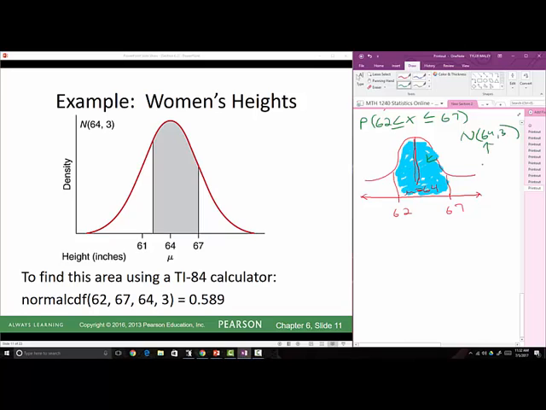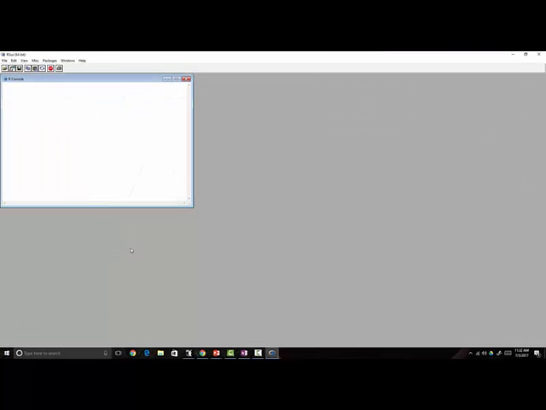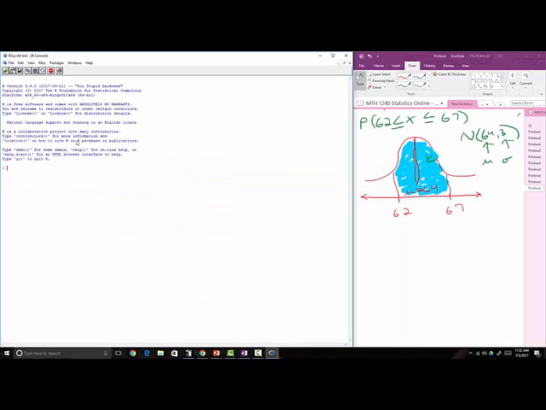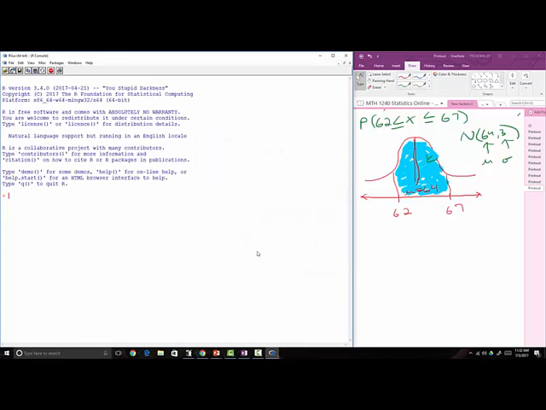So remember, here's my mean, here's my standard deviation. Alright, so let me open up R. So R will allow us to basically not have any tables, right? So that's the nice thing about having computer software.